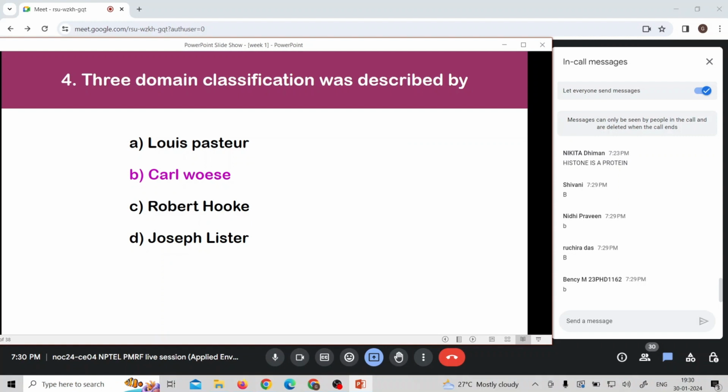Okay, I don't see any responses in the chat box as well. Right, Bensi. That's bacteria, archaea, and eukarya. Yes. Now we go to the next question.